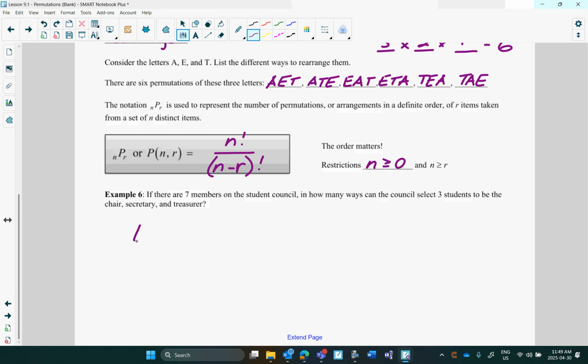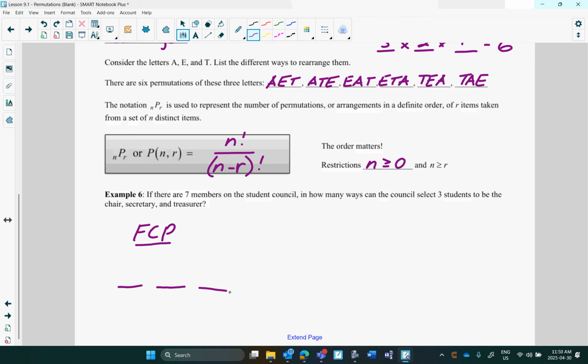So we can use the fundamental counting principle to do it, which I would highly recommend, to be honest. I would always use this method over this formula. But I'm still going to show it to you. So I've got 7 people.